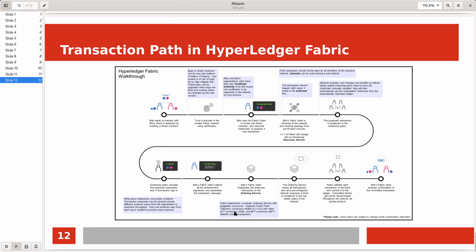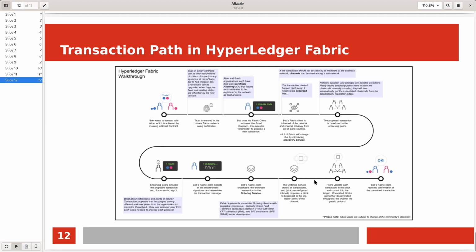And the ordering service, yes, it is Kafka based, but this is an implementation technology feature. Then the ordering service commits this transaction into the sequence of transactions with a uniform sequence of numbers in the whole system.